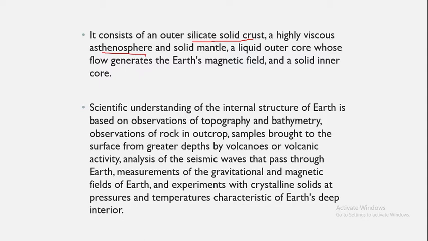We were observing that. Next is bathymetry. Already we have discussed the term bathymetry in the previous class. Then observations of rocks in outcrop, various outcrops of various rocks. Then samples brought to the surface from greater depths by volcanoes or volcanic activity. Then various volcanic processes which lead to all this.